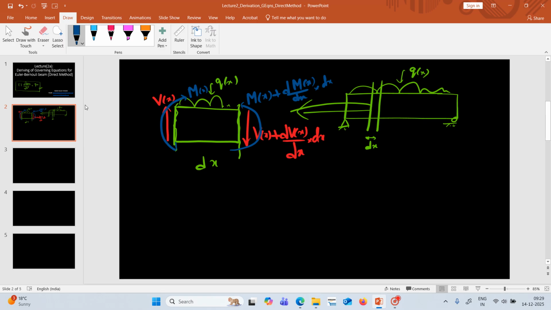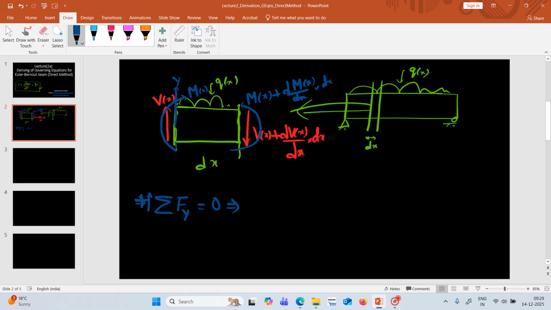Now let us first find the equilibrium conditions along the vertical direction. Let us say this is the y direction, so let us sum up. Taking the upward direction as positive, the summation of Fy should be equal to 0.